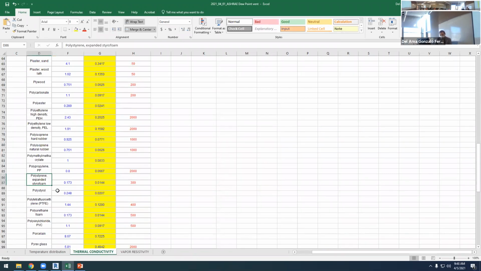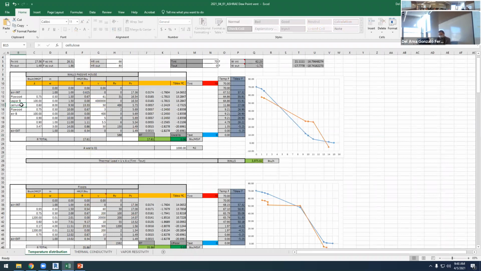Polystyrene: the thermal conductivity is 0.17 and the vapor resistivity is 300.